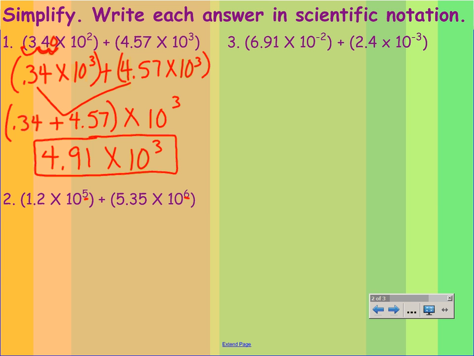So if I want to change 1.2 to a number where I'm multiplying by 10 to the sixth, then I would have to move the decimal back one place. That makes it 0.12 times 10 to the sixth plus, keep that in parentheses, of course this is going to stay the same.